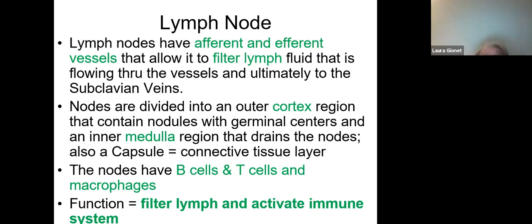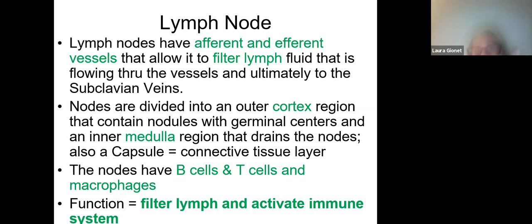Well, all that lymph, even though some of that lymph was previously filtered by a lymph node in the elbow area, now it all needs to pass through another lymph node because it gained some lymph fluid from an area that has not yet been filtered. And so a lot of this lymph is going to pass from lymph node to lymph node to lymph node and maybe be filtered multiple times before it reaches those subclavian veins.